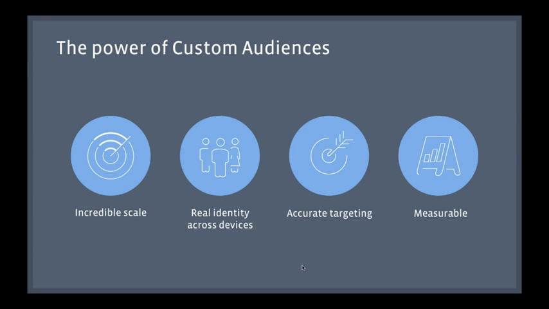We also have real identity across device. So Facebook users input their actual information onto the platform, and that allows us to target them on a one-to-one level. Lots of digital platforms have products that allow you to reach your CRM database, but they're using cookies as a proxy. And so you run into issues like cookie deletion, multiple browsers, so you may not see people as a single user across their work computer and their home computer.